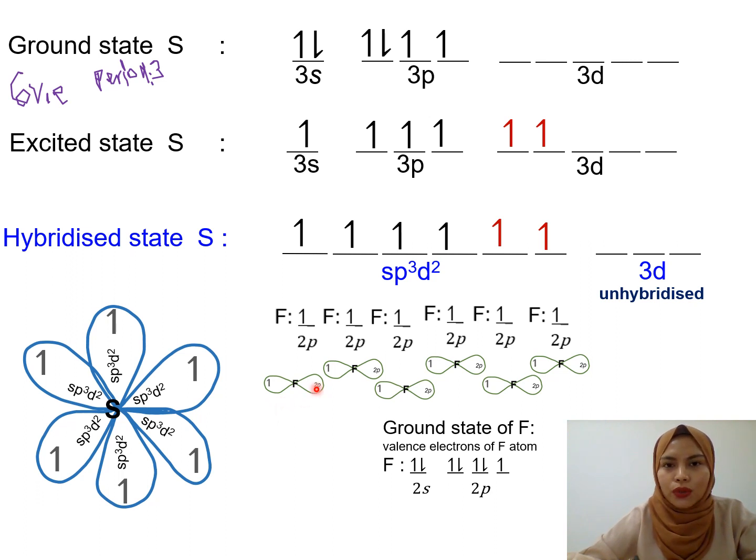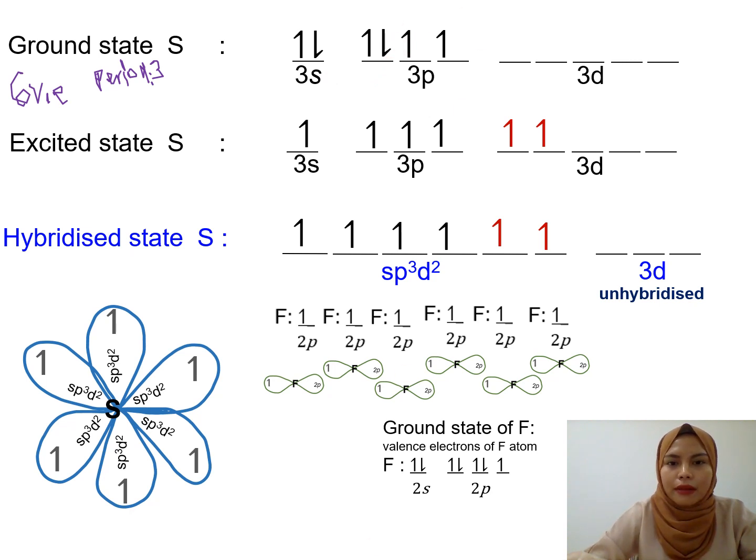That means you perlukan 6 single electron untuk buat bond bersama dengan single electron di fluorine valence electron. Okay, so if you look at here, the ground state of S ada sepasang elektron dekat 3S, sepasang elektron dekat 3P. Tak boleh lah. Sebab if you look at SF6 memang tiada langsung lone pair. Therefore, you need to excite 2 elektron.